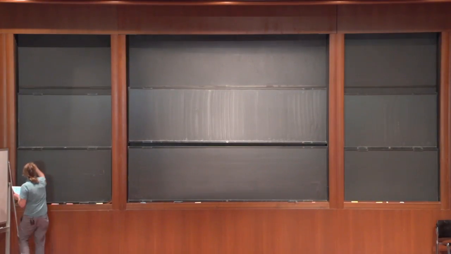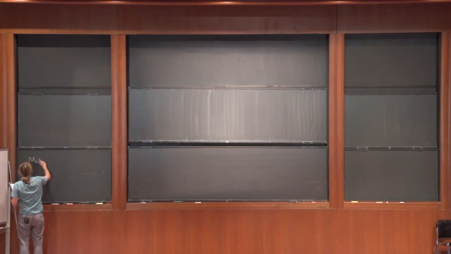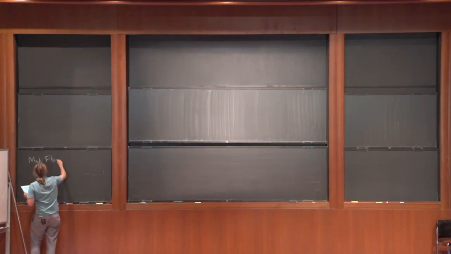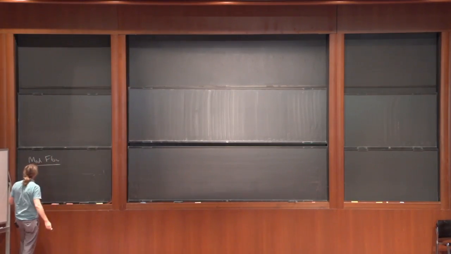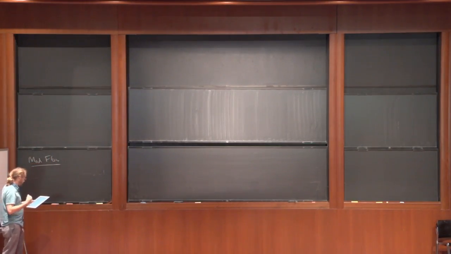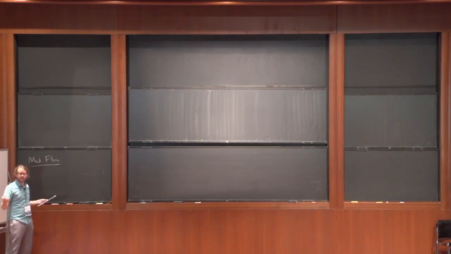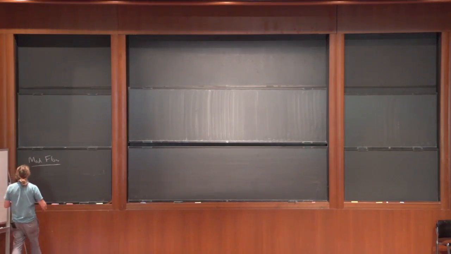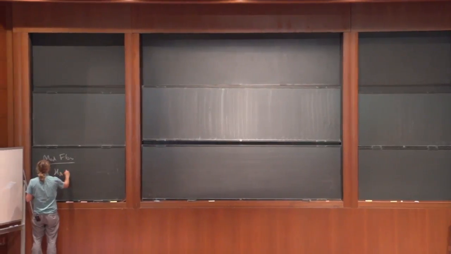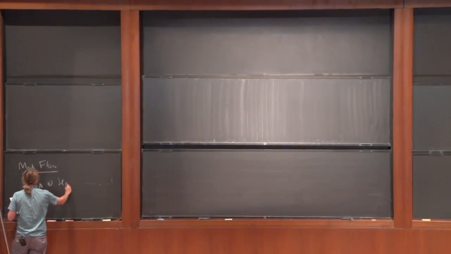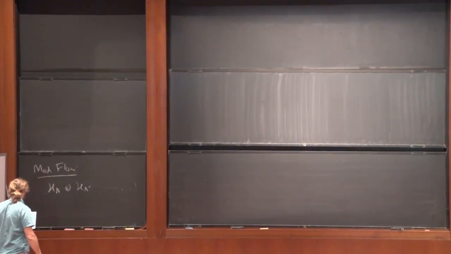The simplest way to discuss modular flow is in the bipartite system, and in that case, you can already understand the essential features.